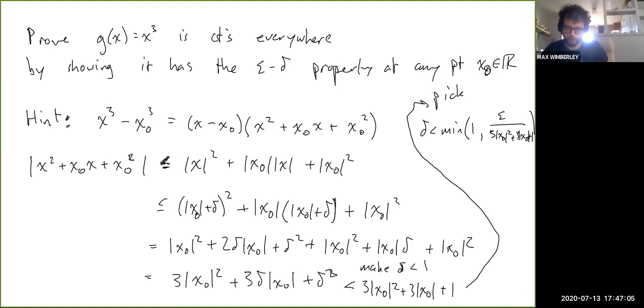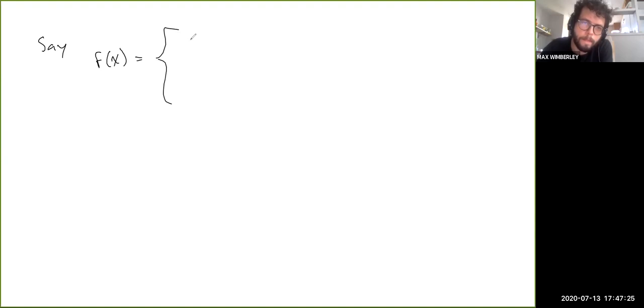Okay, let's try this one. Actually, I'm just going to make this up. So let's say f of x is x squared for x rational and 0 for x irrational, right?